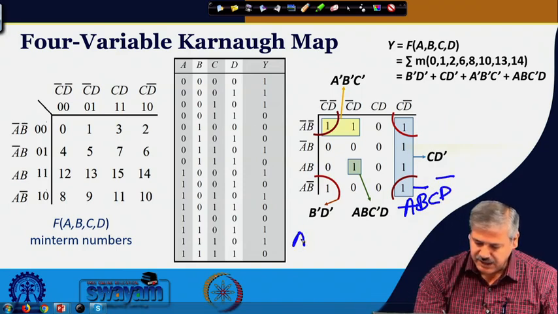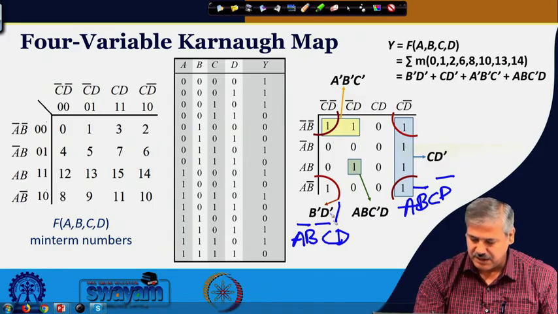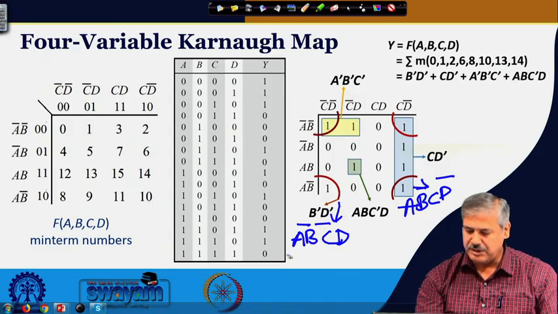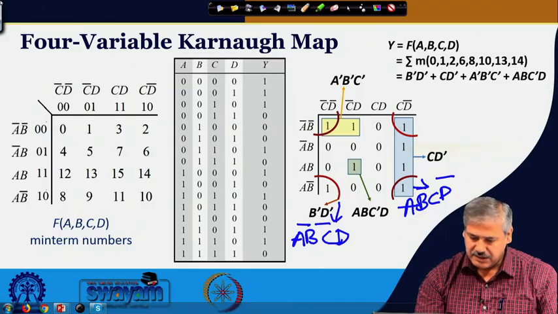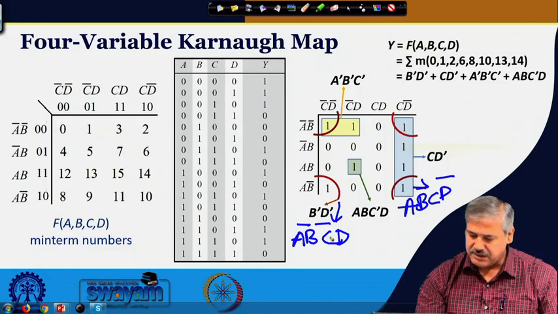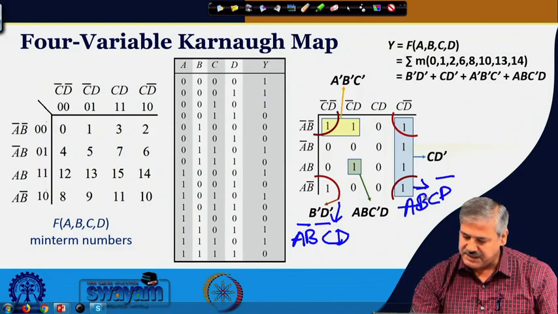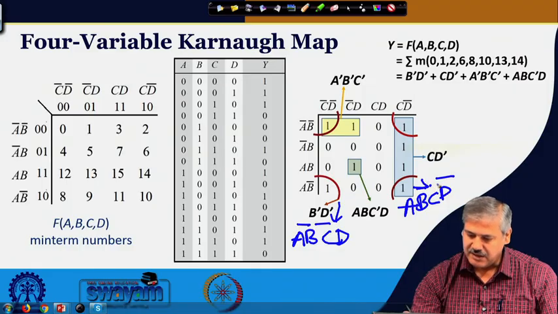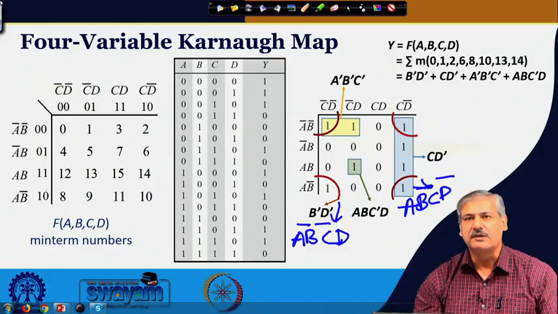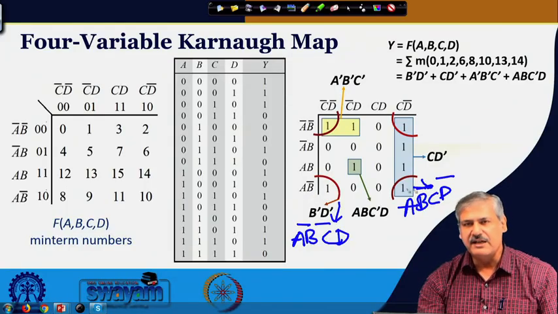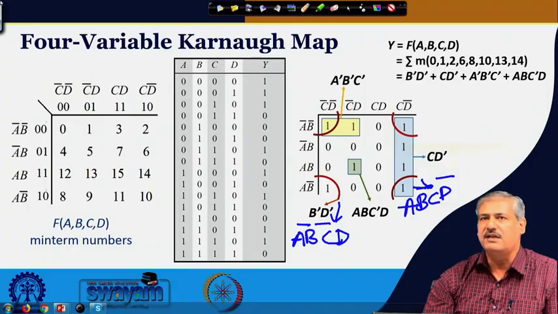Between these two locations, what do you see? A, B bar, C bar is the same, and only D is changing from D to D bar. So, only one variable is changing. Though they are physically not adjacent, they are logically adjacent.